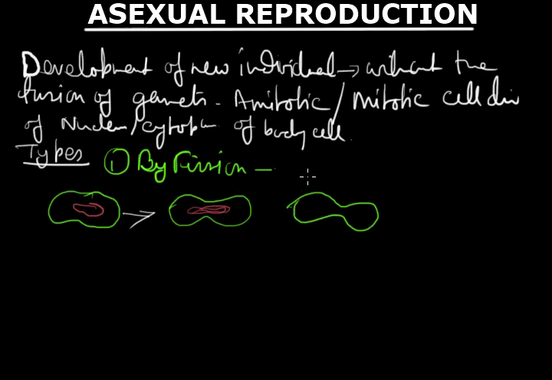The nucleus gradually gets constricted, and finally two cells are produced with separated nuclei.